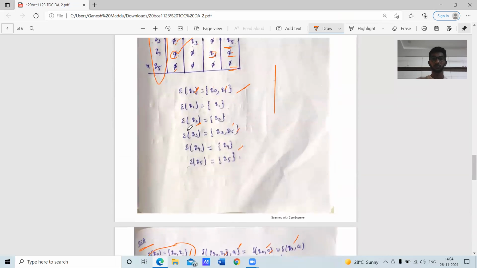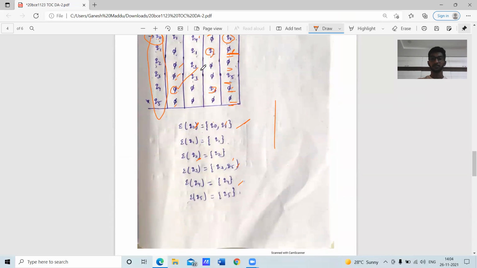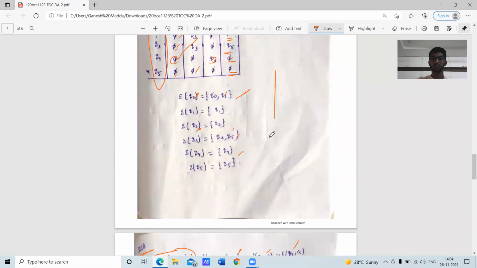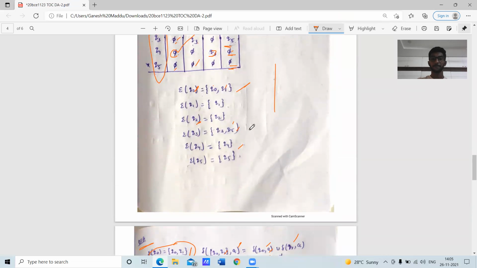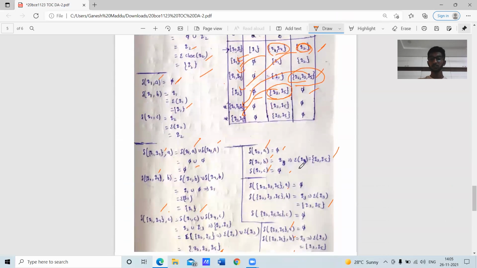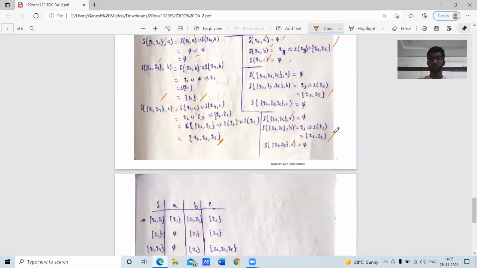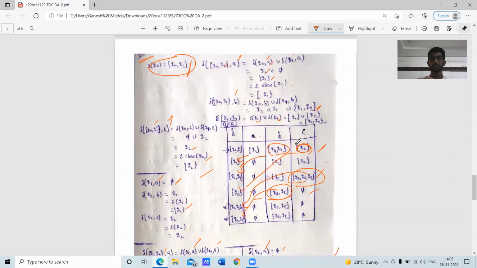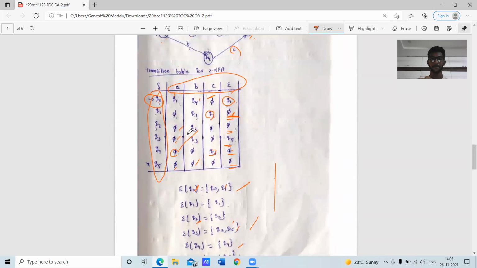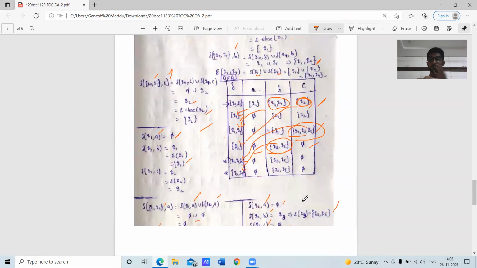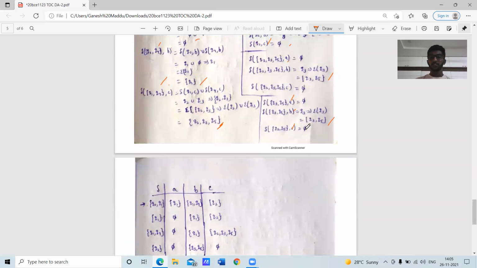For B, Q3, Q5: for Q3 we are getting Q3, and for Q5 nothing. The epsilon closure of Q3 is Q3, Q5, so write Q3, Q5. For Q3, Q5 on input symbol C, we are getting ϕ, and the epsilon closure of ϕ is also ϕ.